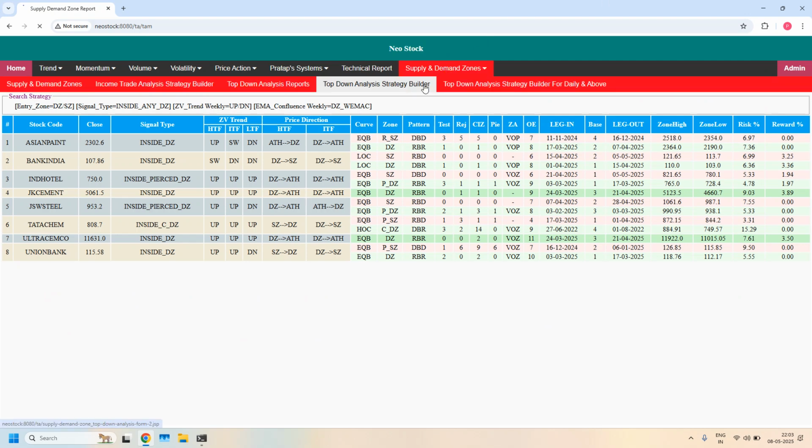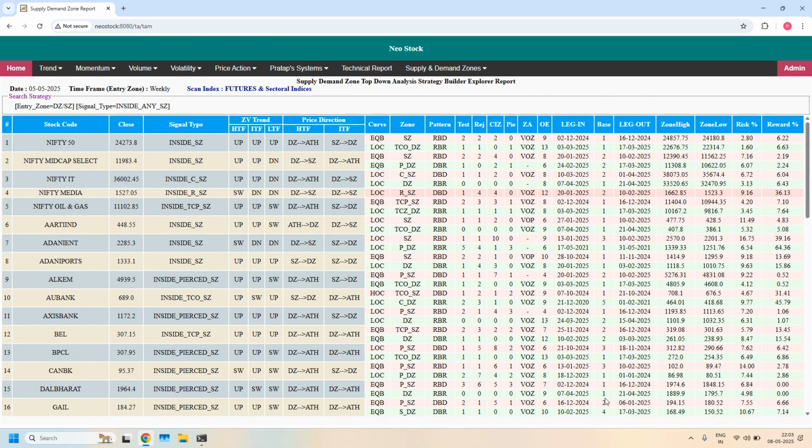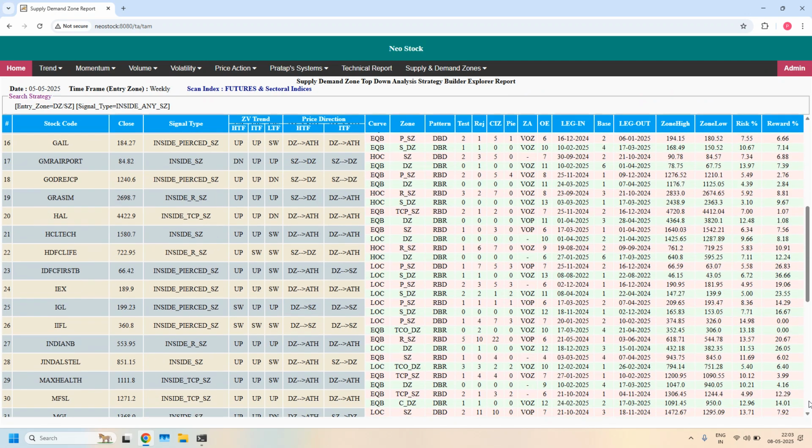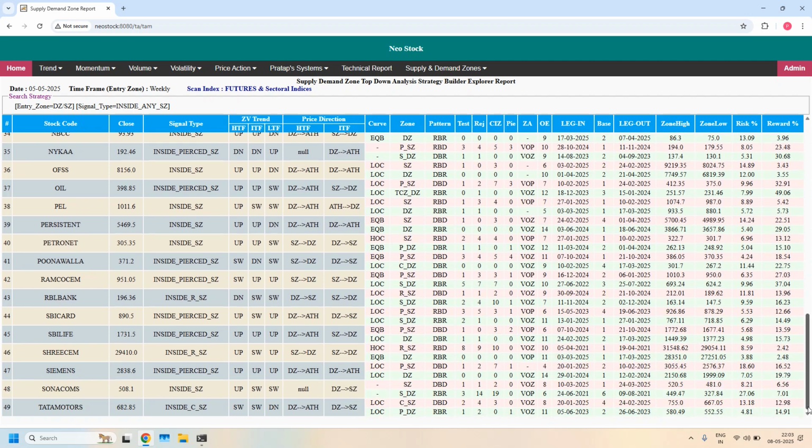Okay, next, price closed inside the weekly supply zone. First 15 stocks in the list. Scrolling the list down. Total 49 stocks are filtered.